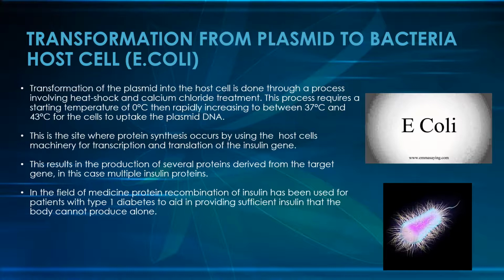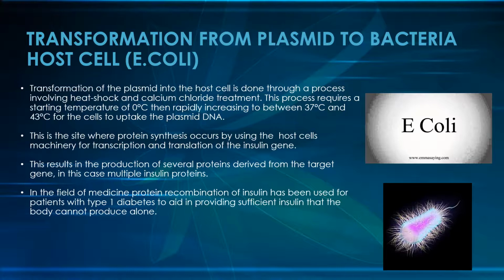This process requires a starting temperature of 0 degrees Celsius, which then rapidly increases to between 37 and 43 degrees Celsius. This is crucial for the cells to be able to uptake the plasmid DNA. It's not completely known why this process works, but it's definitely something that's being used, obviously, because it helps with the uptake of the DNA.